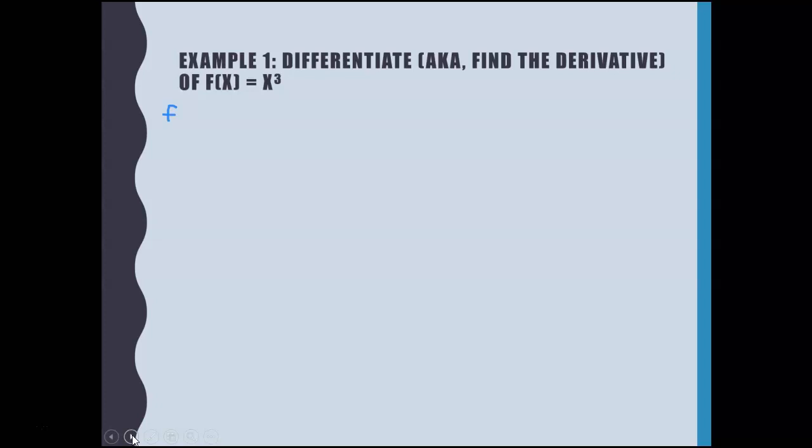So we say that f prime of x is equal to the limit as h approaches 0 of f of x plus h minus f of x all over h, where f of x is x cubed.